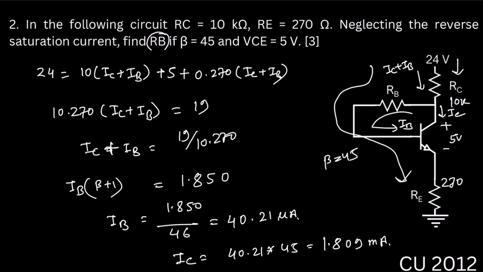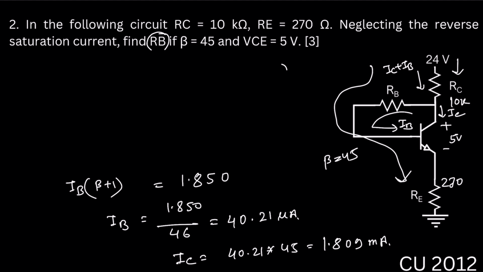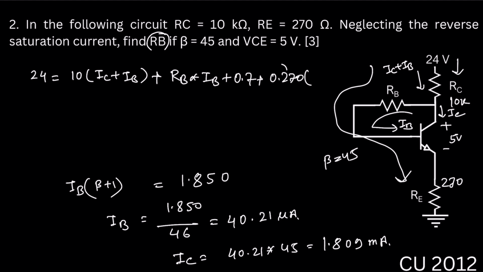Okay, so now just this one, we will get 24 equal to RC, that means 10 into (IC plus IB) plus RB into IB plus 0.7 plus 0.270 into (IC plus IB).